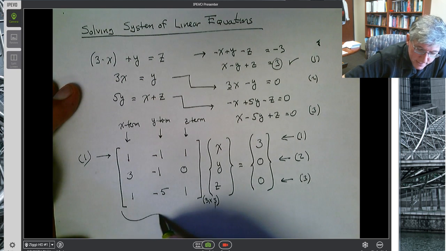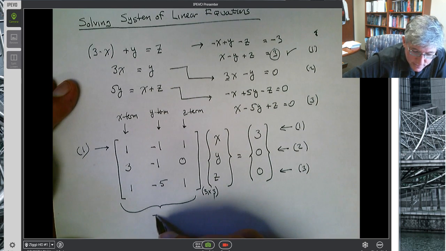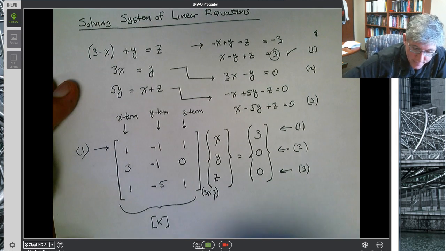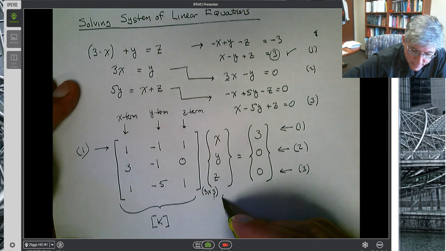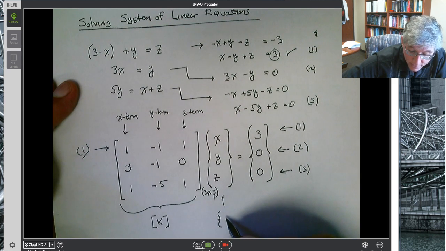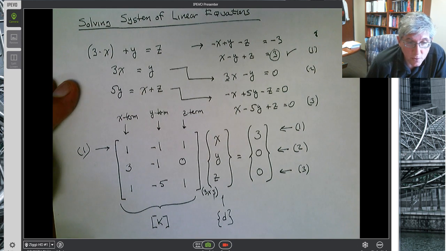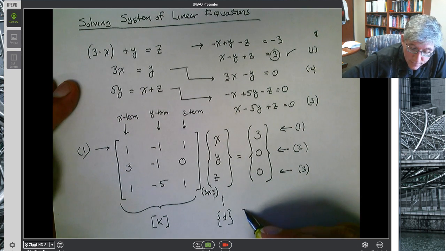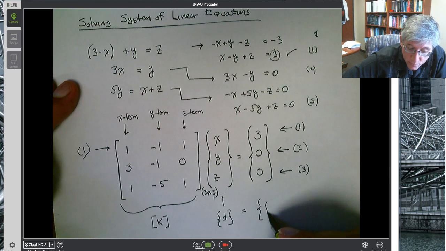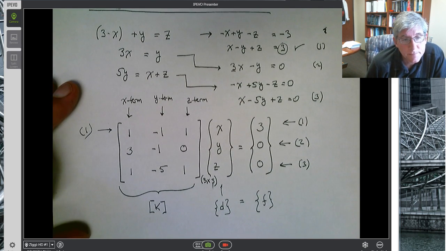You know, sometimes people write this as an A matrix or B matrix. It doesn't really matter for us. In this class, we're typically going to call that K. This one here is X sometimes, or Y, it doesn't matter. For us, these are what we solve for, and we will typically call that D. And then finally, on the right-hand side, we're going to refer to the right-hand side vector as F, okay?